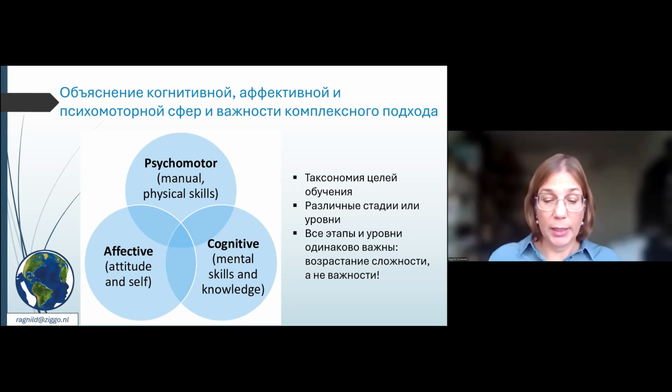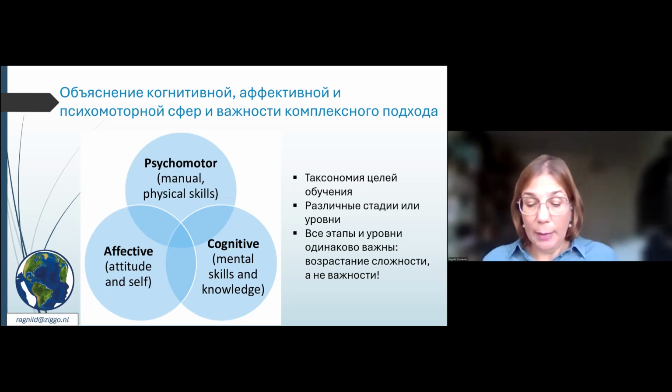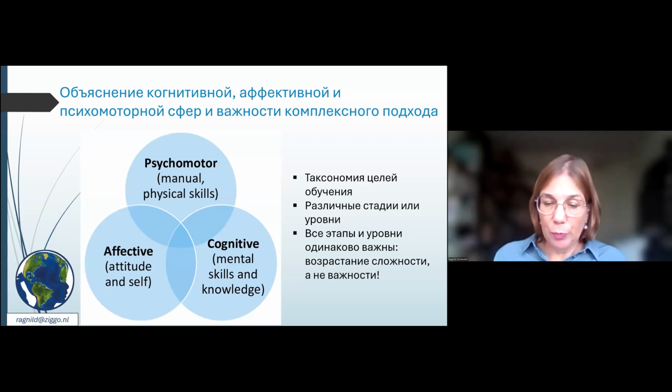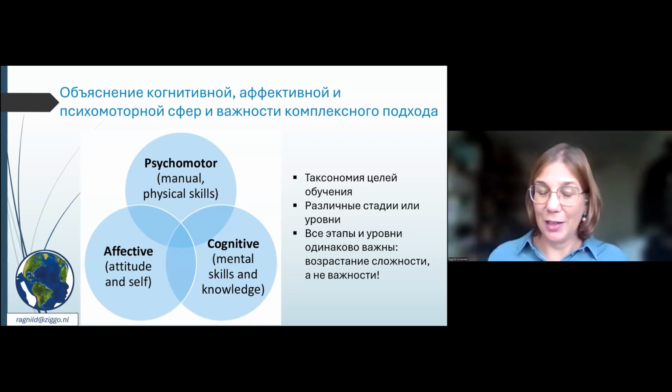I'll come to that a little bit later. And all of these 3 domains are designed as the taxonomy for learning goals. So they have different stages or levels and sub-levels. And important, in my opinion, is to point out that these stages or levels are equally important in the vision of the group who designed them.